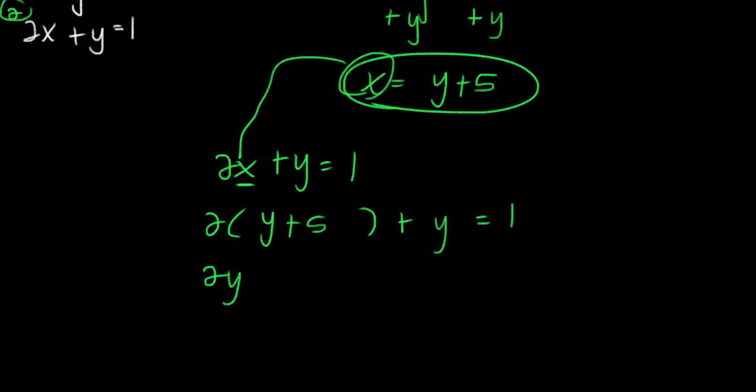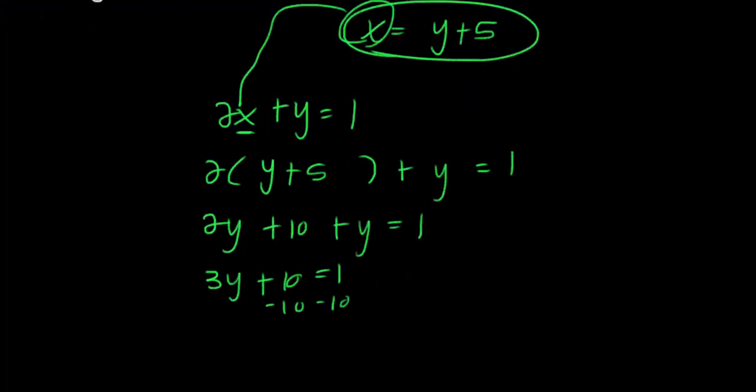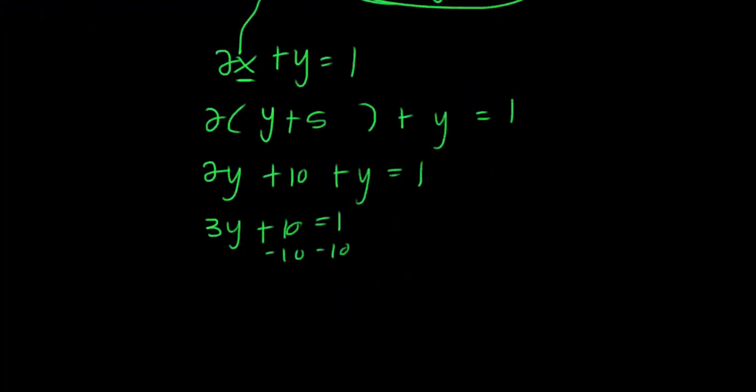First, I need to clear my parentheses. 2y plus 10 plus y equals 1. Therefore, 3y plus 10 equals 1, and I can subtract 10 from both sides and get that 3y equals negative 9, so y equals negative 3.